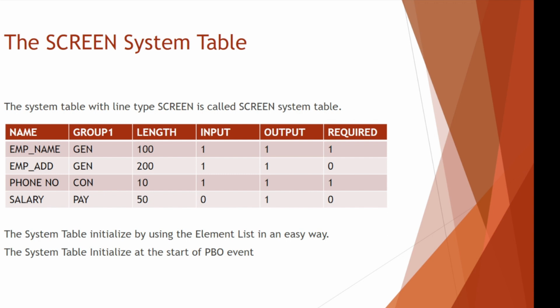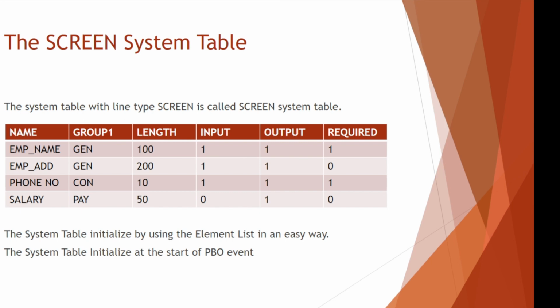The system table is initialized by using the element list in an easy way. We will explore the element list and maintain the system table. After that, the system table initializes at the start of the PBO event. It means that when the PBO, process before output, event starts, the system table is automatically initialized.